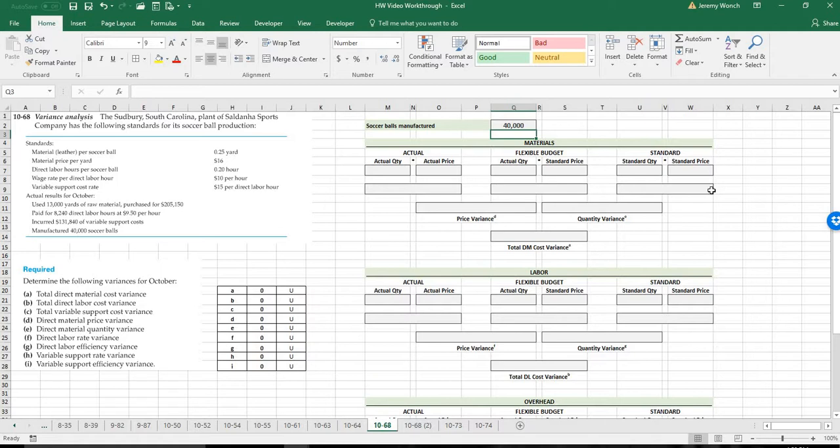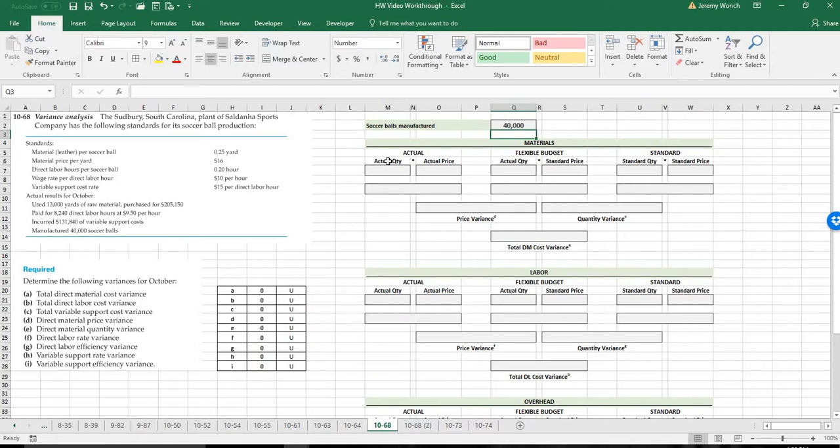We're going to put this together from the perspective of how much material we planned on using based on our actual sales of 40,000.